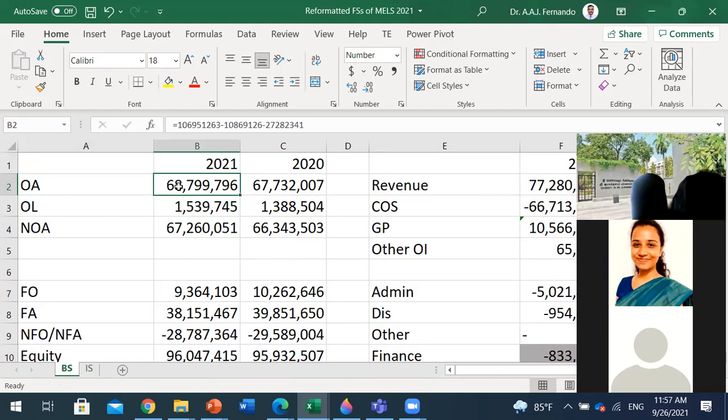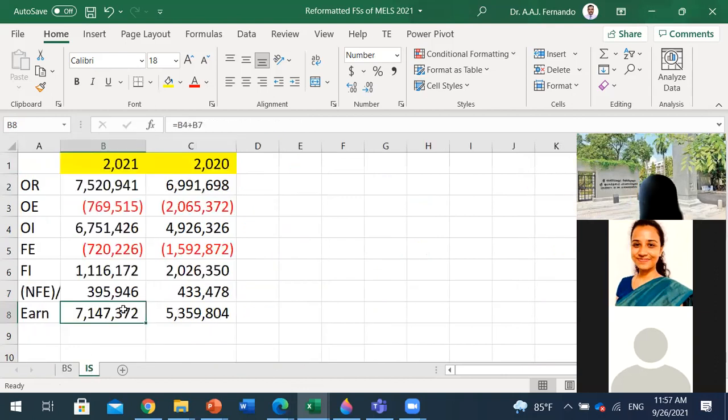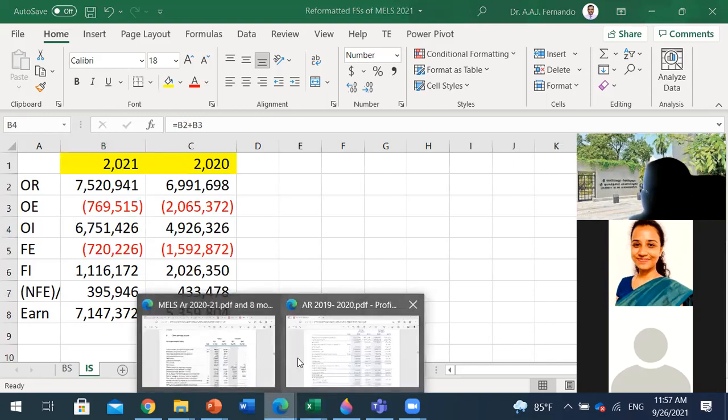Excuse me, sir. In the previous calculation, when it comes to calculating operating income, without separately getting operating revenue and operating expense, can we just get the result from operating activities directly? Results from operating activities, the same answer, 6,751.